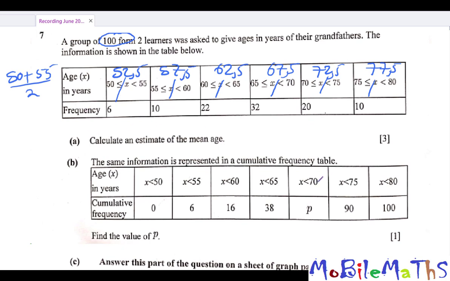So multiplying, what are we going to get? 52.5 times 6, I'm getting 315. You can double check for me, I can make a mistake.